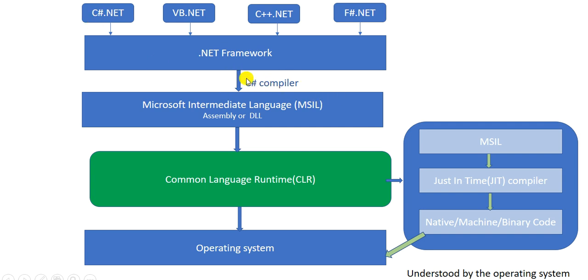So depending on which coding language you use, the compiler of the language comes into play. For example, you're using C#, so the C# compiler comes into play. So from the real code, when you type in, the C# compiler converts that code to Microsoft Intermediate Language, that is MSIL.